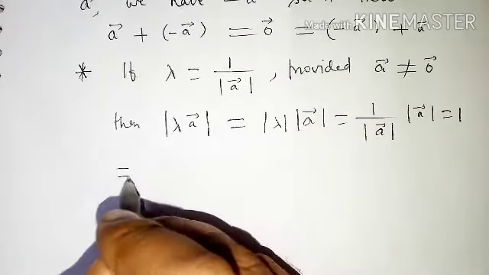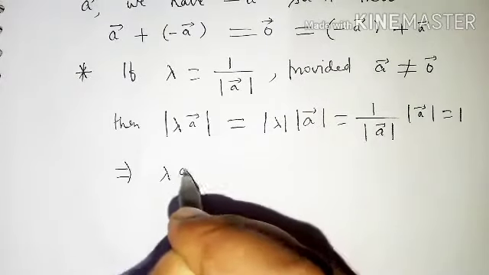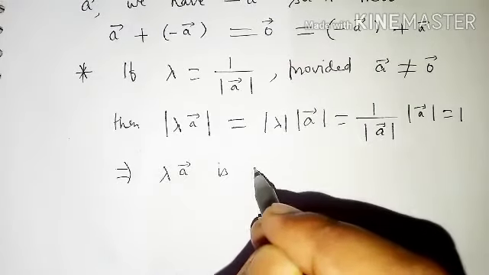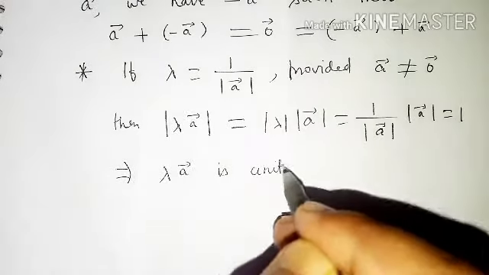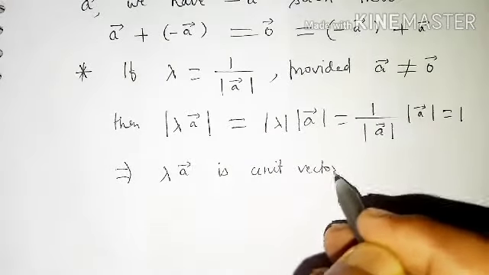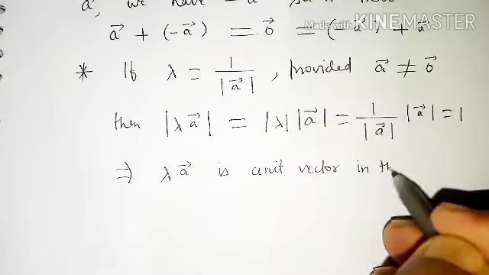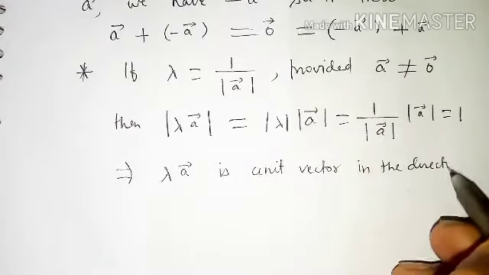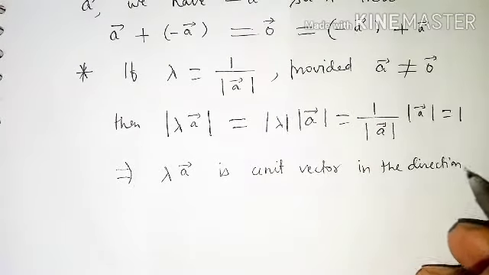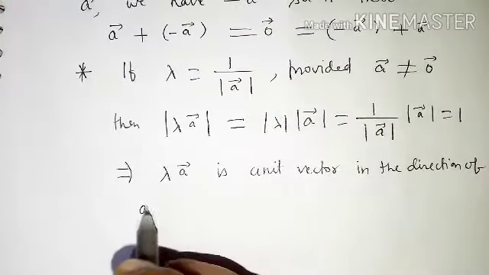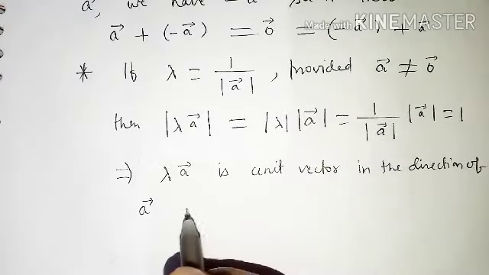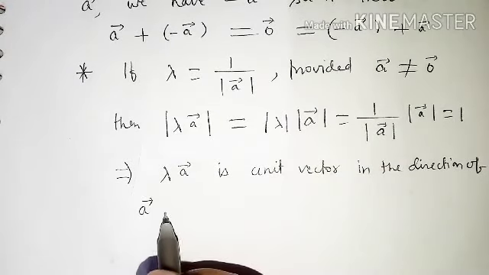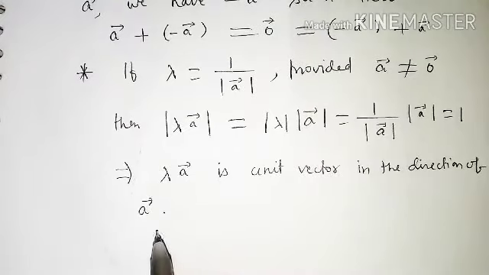This implies that lambda vector a is a unit vector in the direction of vector a. It is denoted by a cap.